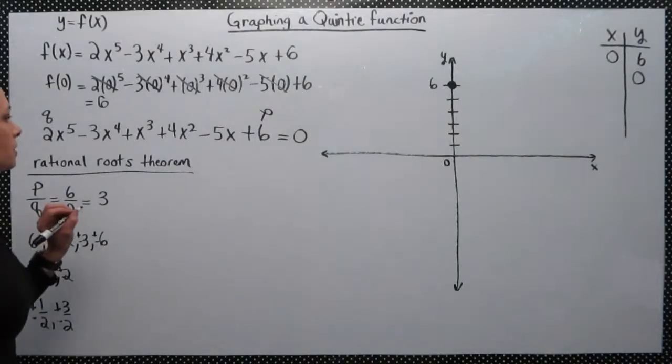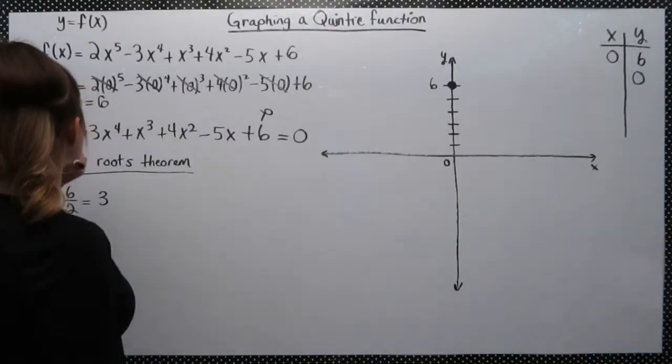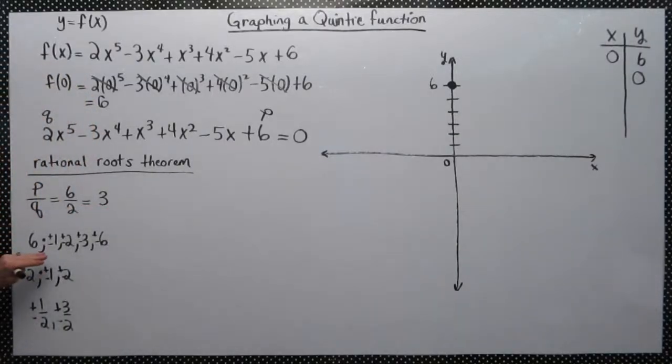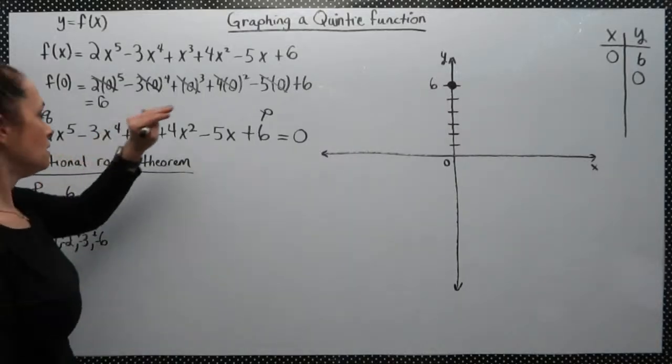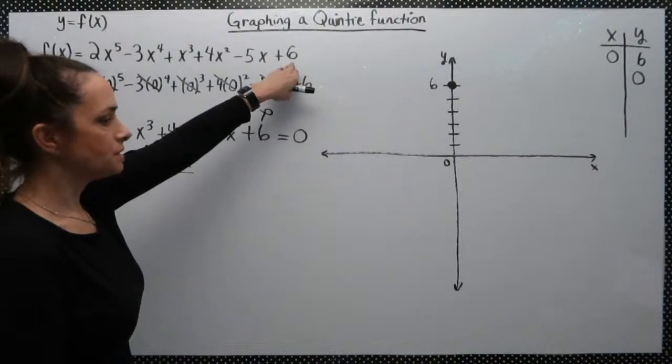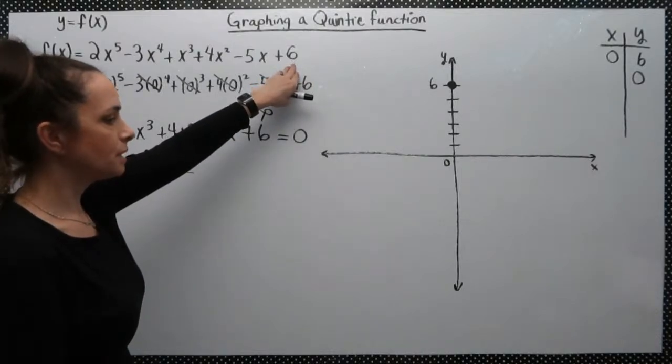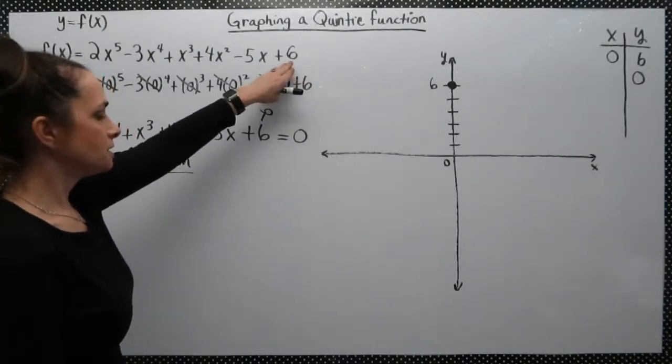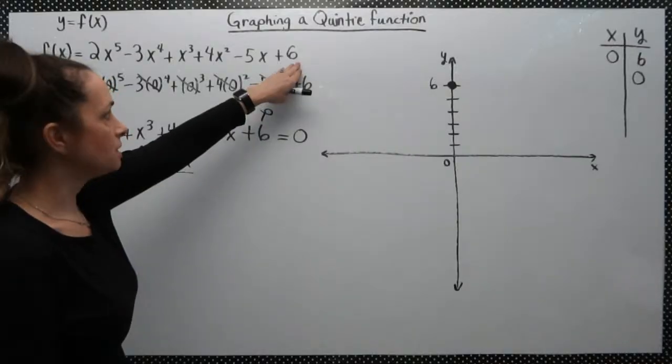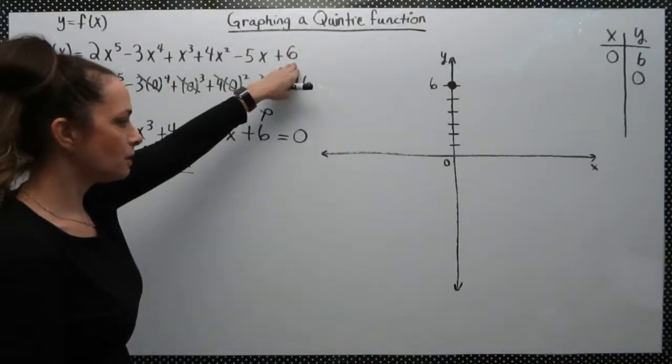And so what we're doing is we're trying to take each individual value. The rational roots theorem states that if P is a factor of the constant term, it's the x to the 0 term. It's always the caboose. It's the last one. It's the one without a variable.